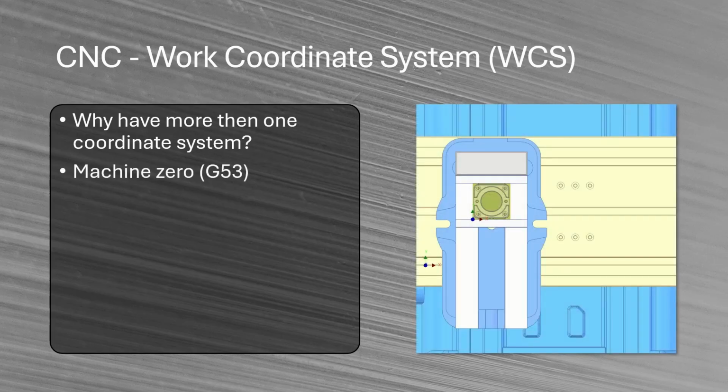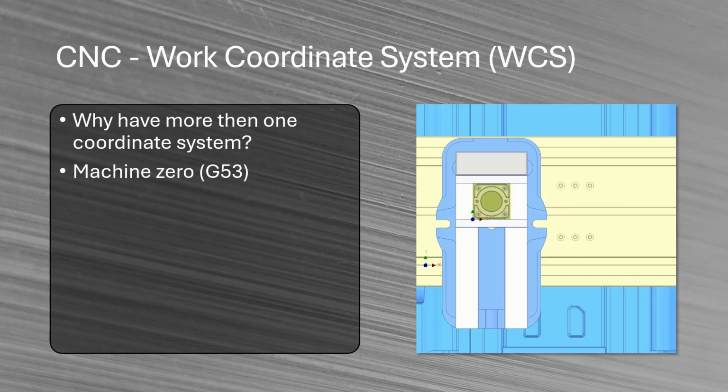Well, we have this machine zero. If we wanted to use that for everything, it would be very cumbersome. Certainly, if you're hand coding, you would need to add whatever distance it is to your object all the time. That would be really annoying.